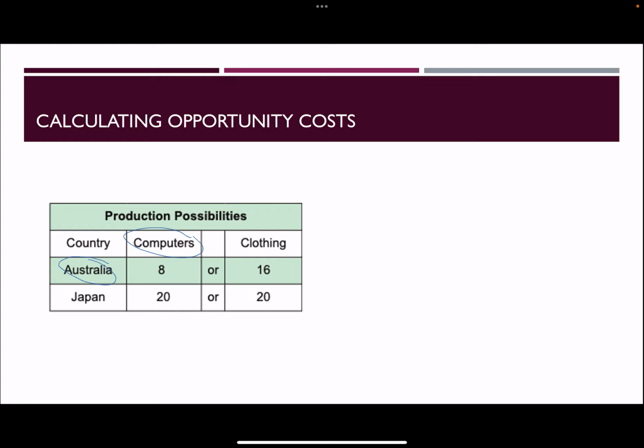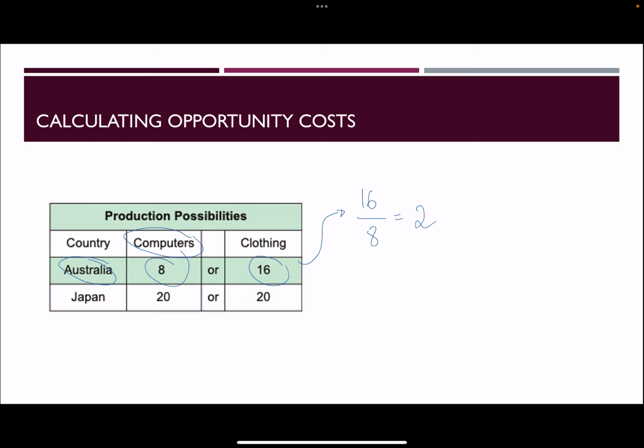How do we do that? We have a look at the other good, in this case clothing. We put this number, which is the total it can produce, up the top of a fraction. We divide it by the total number of goods that it can produce that we're thinking about. So the opportunity cost of computers in this case, we'll put it down at the bottom, and that will give us 2.